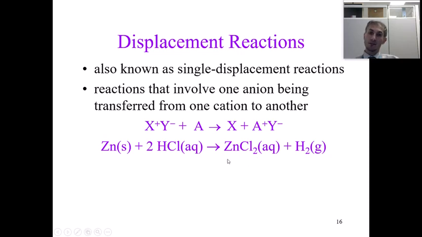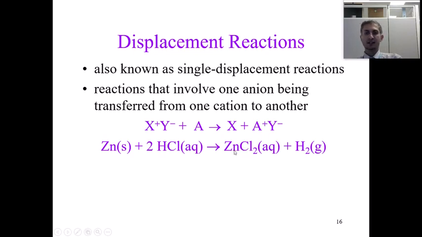How to write out the other element for the product? Whenever we write Zn here, H is just released. You just need to know that hydrogen exists as H2, one of the diatomic molecules. How to write the formula of this compound?